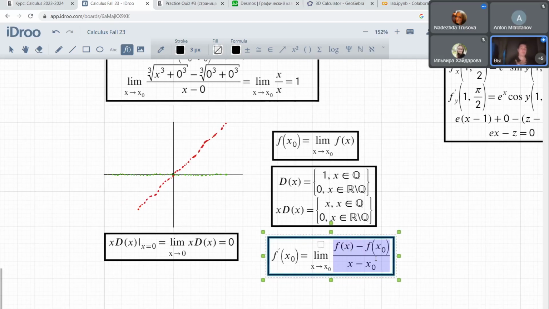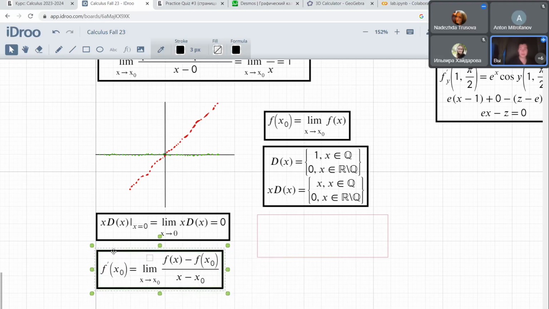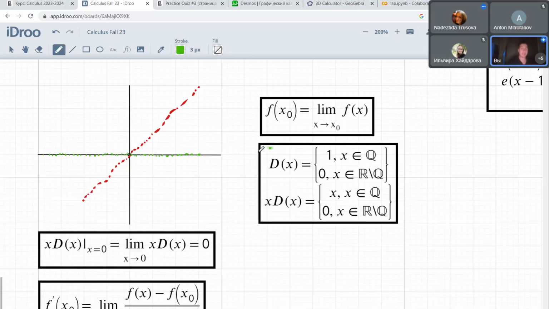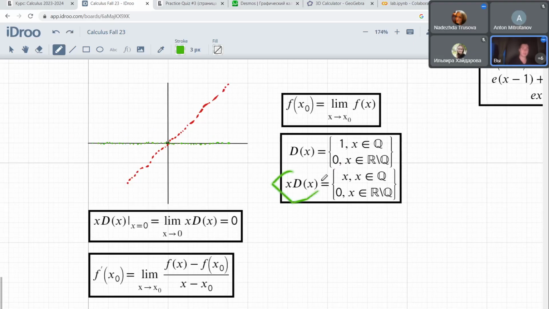So that's why this function isn't differentiable. But we know that the Dirichlet function is really convenient for counterexamples, and x·D(x) helped us to build one interesting example. How to build a function from the Dirichlet function that is differentiable at one point? Any ideas?